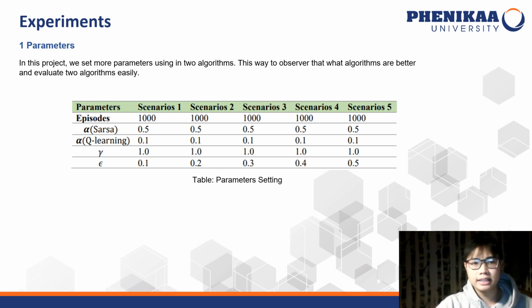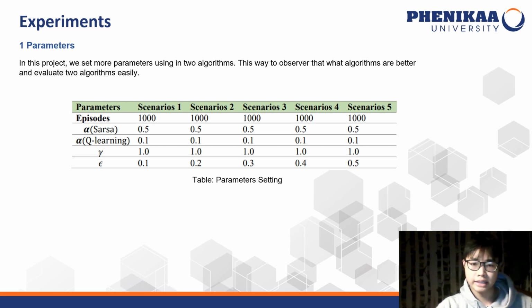We have 5 scenarios from 1 to 5, and we applied alpha for SARSA and Q-learning, which is 0.5 and 0.1 respectively, and lambda and gamma are also set.